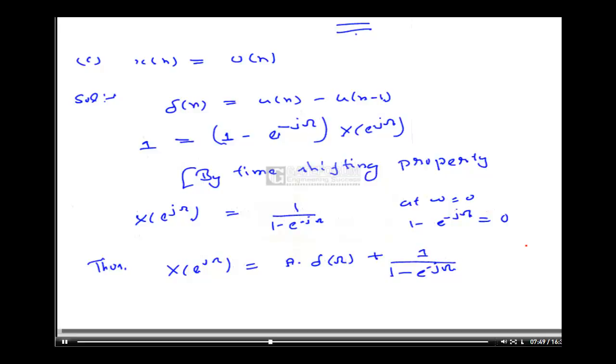Okay, where A is some constant and the value of this constant A is equal to pi. Okay, it is similar to the CTFT function.